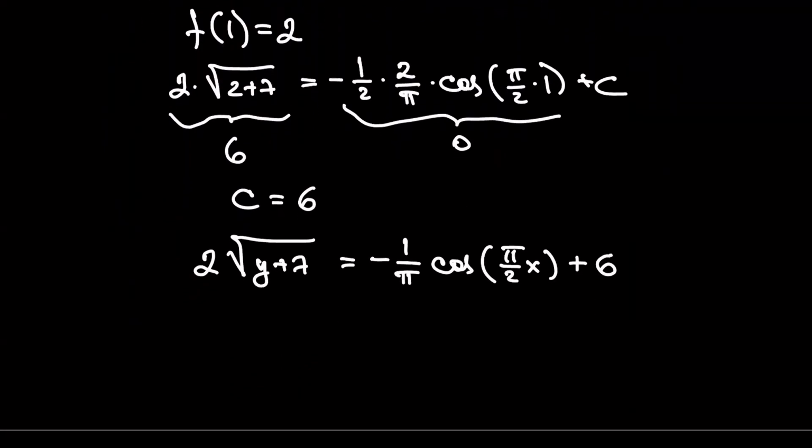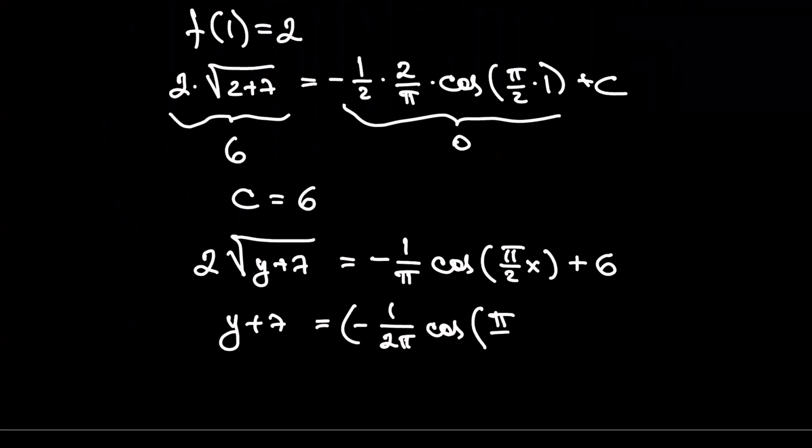Let's solve for y. Divide by 2 and square both sides, which gives us y plus 7 equals negative 1 over 2 pi cosine pi over 2 x plus 3, because we divided by 2 and then squared.